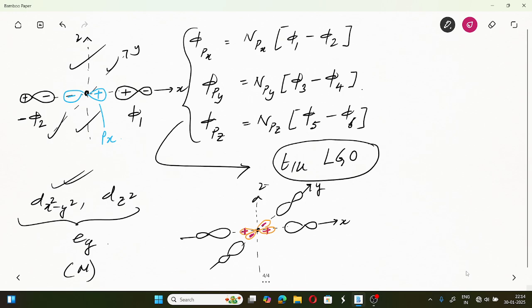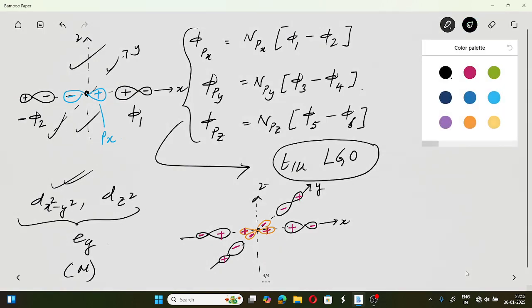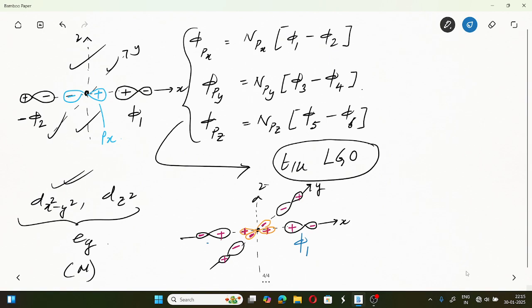So we can construct the group orbital like this: positive, positive, negative, negative. This one will be negative, this one will be positive, this one will be positive, this one will be negative. Now if you look carefully, this is phi 1, this is phi 2, this is minus phi 3, and this is minus phi 4.